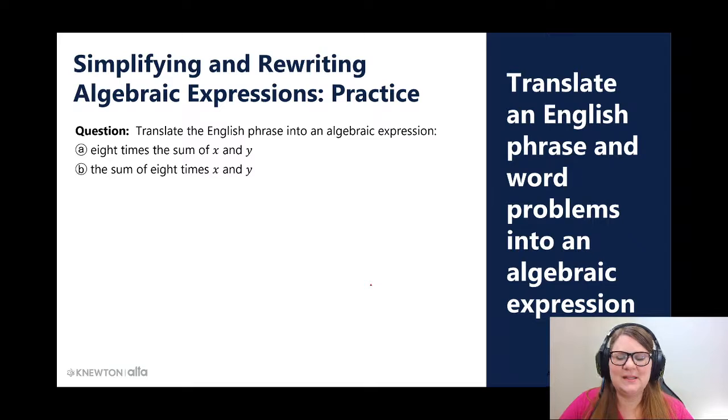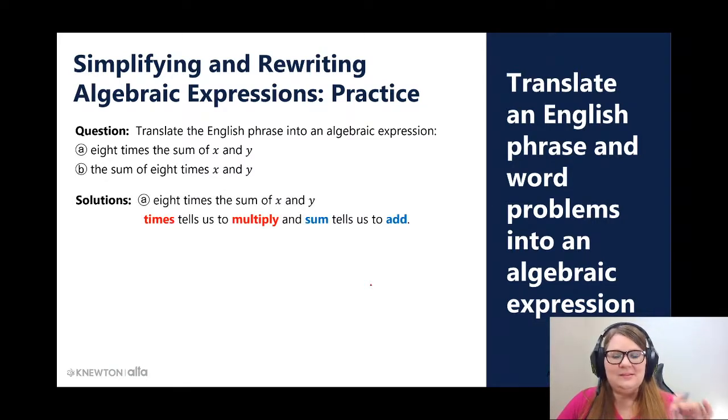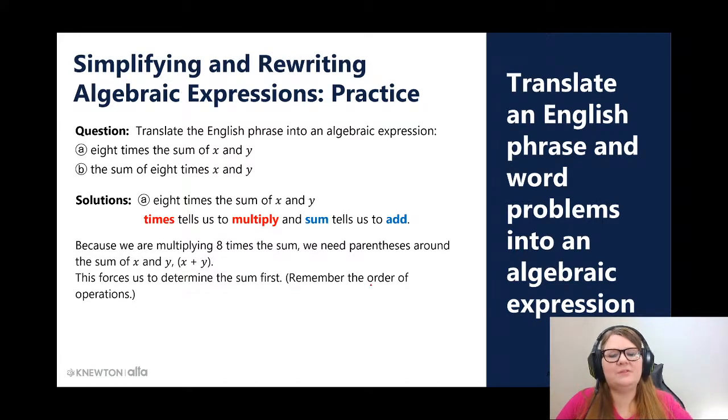All right, let's try another one. 8 times the sum of x and y. So we need to recognize some keywords. Times means we're multiplying. The sum means we're adding. So because we're multiplying by the sum, we have to first deal with the sum. The sum of x and y is going to be x plus y, and it's in parentheses.